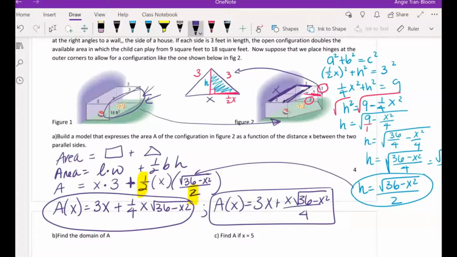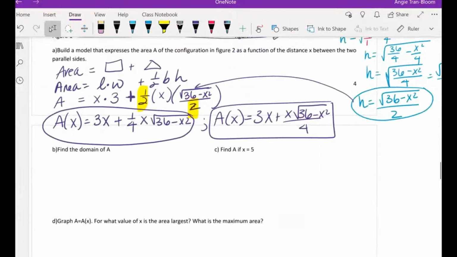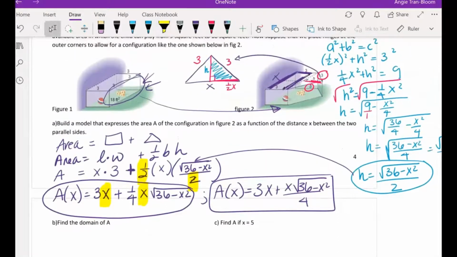All right, now let's do the B piece and the C piece and the D piece, and I think we're done with this example. The B piece says, find the domain of A. Now, because your input is x, domain is talking about what x can be. Well, let's think about this for a second. Would you agree the original box has this dimension right here of 6?